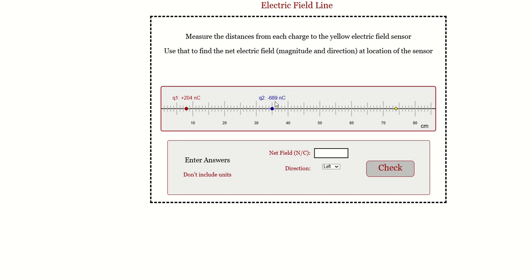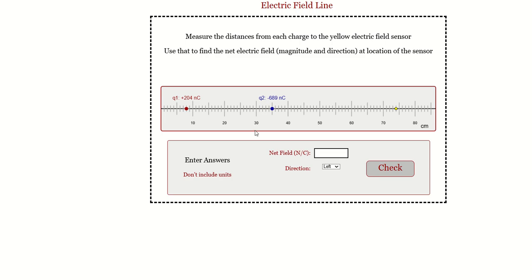Also, when you're using these charges here, use the absolute value. Because again, if I put this charge on this side or this sensor on this side versus this side, I'm getting a different answer in terms of the direction. All right, and then you're going to figure out that direction and click check and take a screenshot of that.